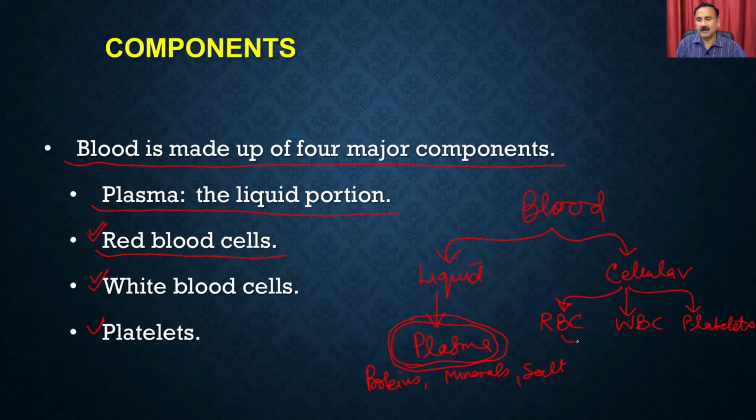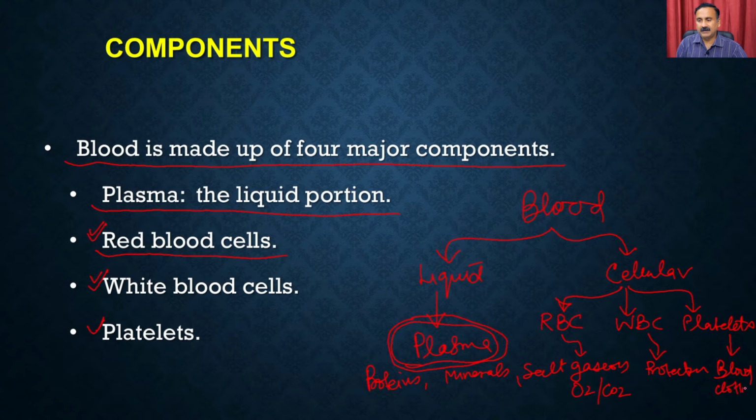For example, the RBC carries gases like oxygen and carbon dioxide, whereas the WBC has the major role in providing protection, and the platelet has the major role in blood clotting.